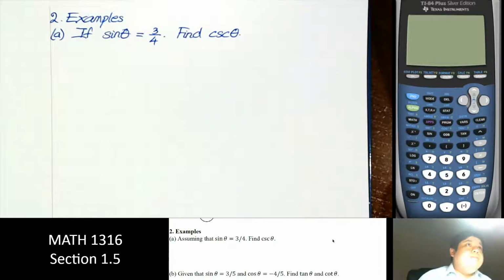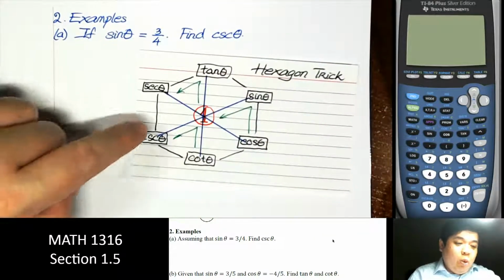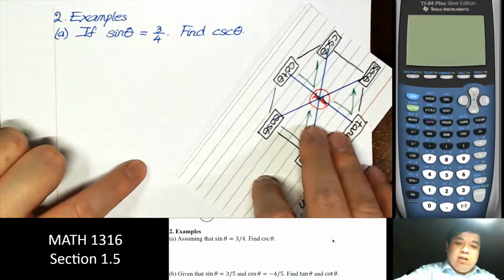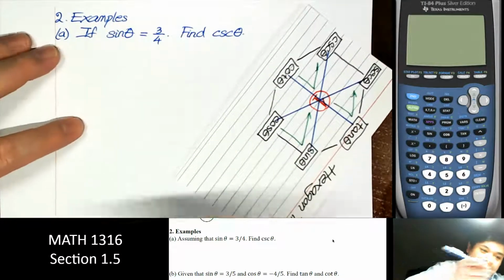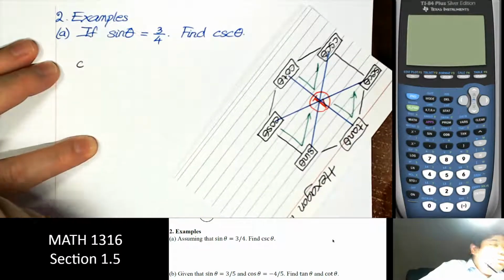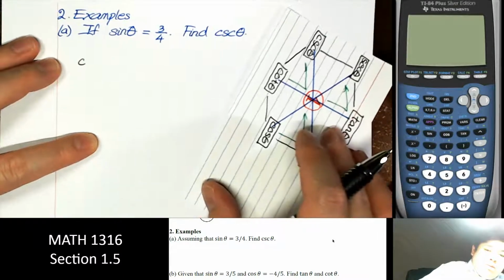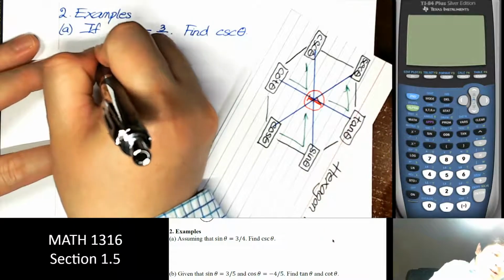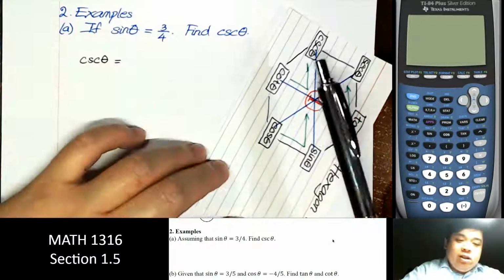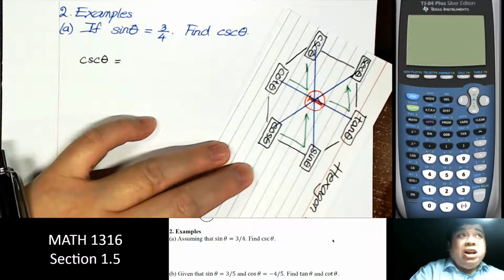Right. With the hexagon trick, we are asked to find cosecant, so rotate that so cosecant is on the top. Cosecant is secant over tangent, but we do not know anything about that.